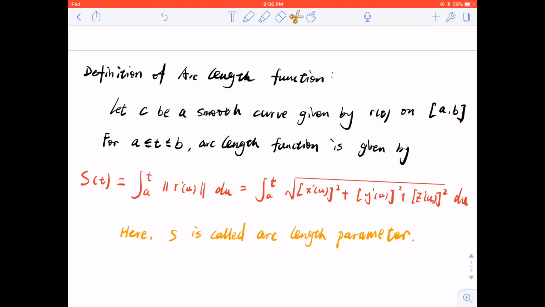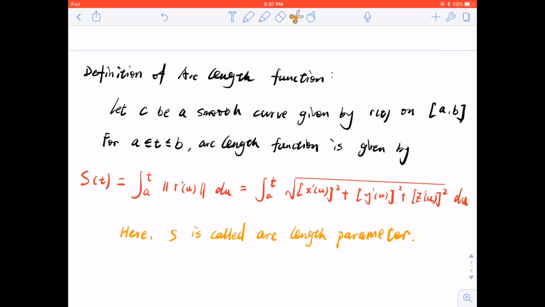Next, we're going to learn about the arc length function. The definition of the arc length function goes: let C be a smooth curve given by r(t) on the closed interval a to b. For t greater or equal to a and smaller or equal to b, the arc length function is given by s(t) equals the integral from a to t of the magnitude of the derivative of r(u) du. Why the arc length function is important is that we want to use a function to capture the motion along a curve.